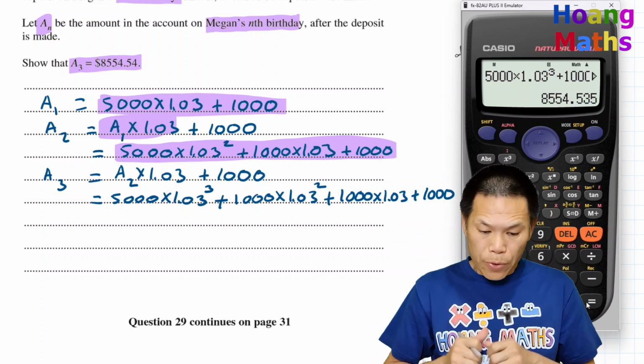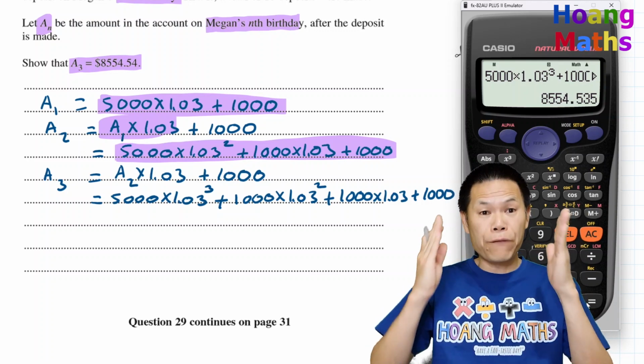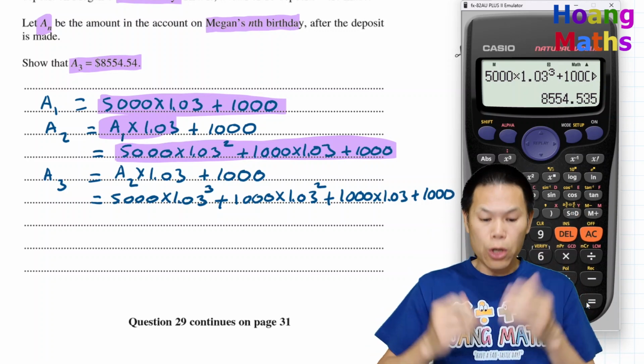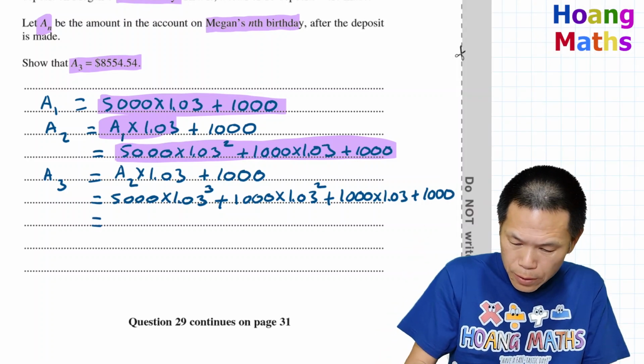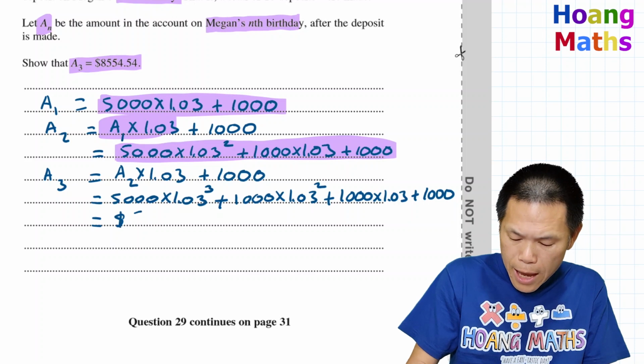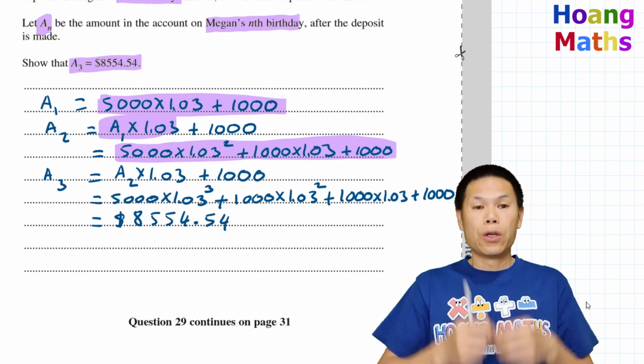So there you go: $8,554.54, correct to 2 decimal places. There you go.